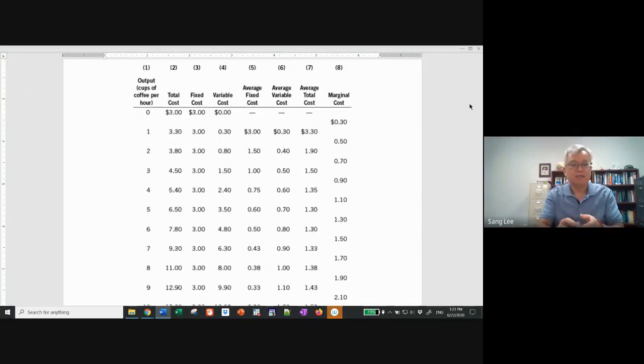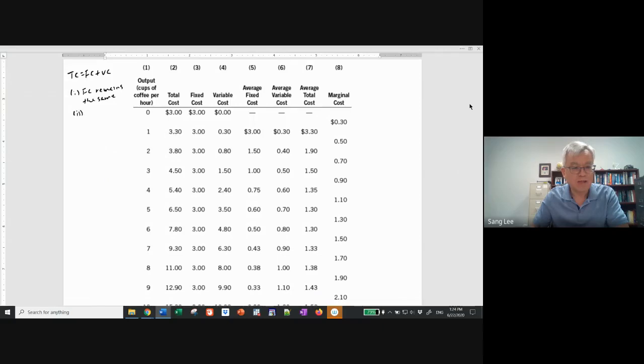The second column is total cost, and the third and fourth columns are fixed cost and variable cost. So now we know that total cost is fixed cost plus variable cost. We also know that fixed cost remains the same even when output is increasing.